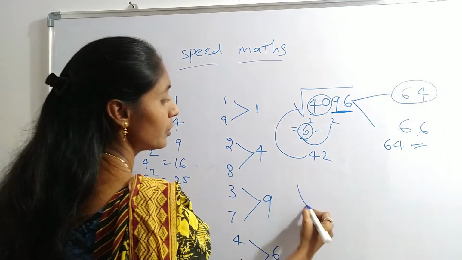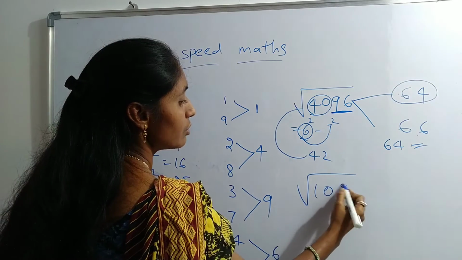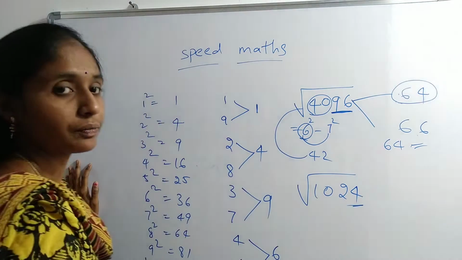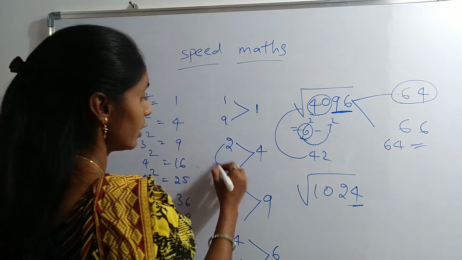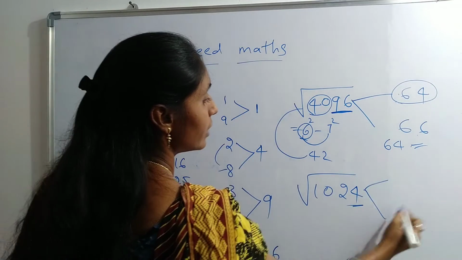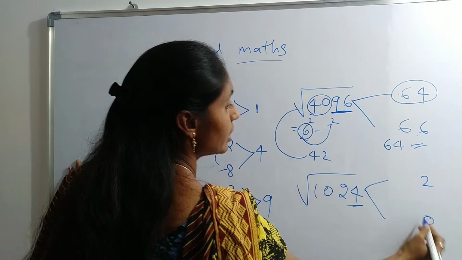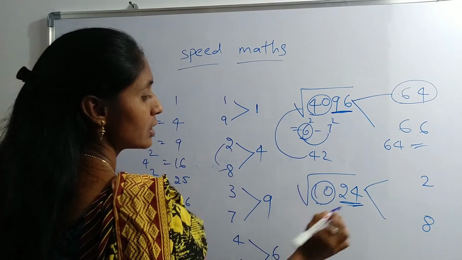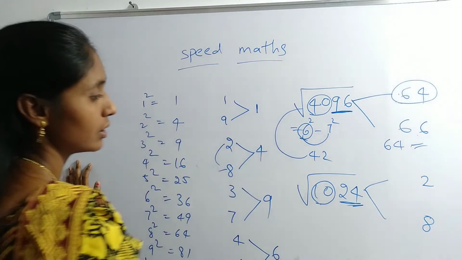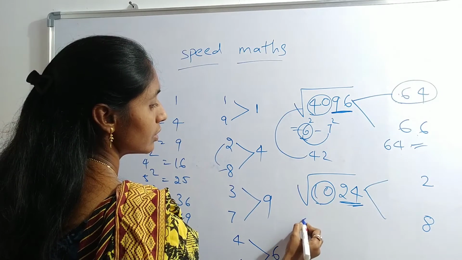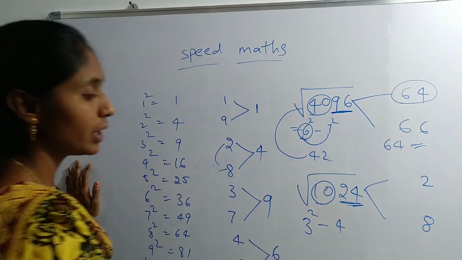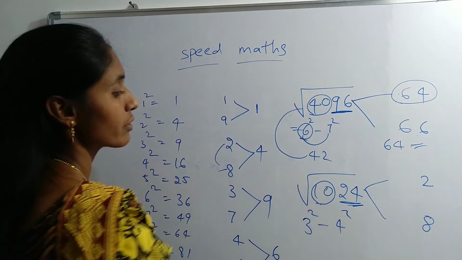Next, another example. 1024. The unit digit is 4. You can expect 2 or 8 in the unit digit place. So leave 2 spaces. The remaining value is 10. This is in between 3 square and 4 square.